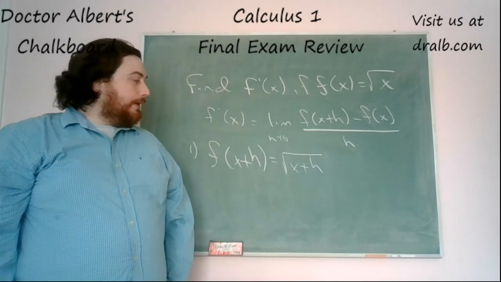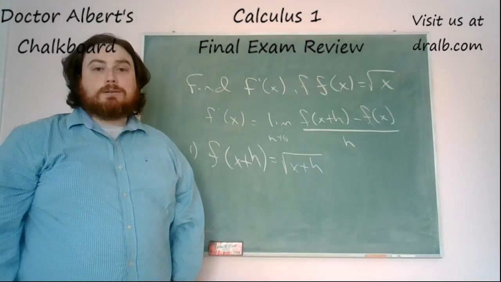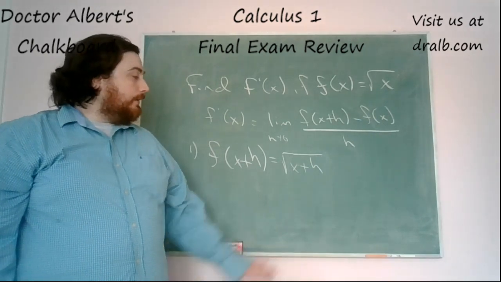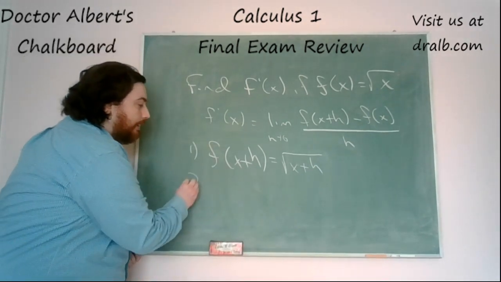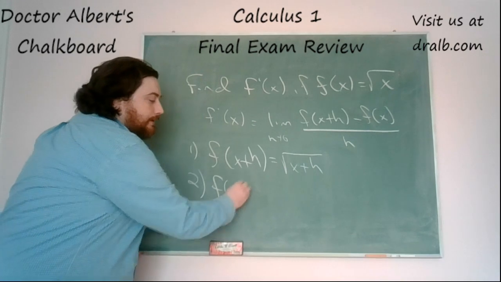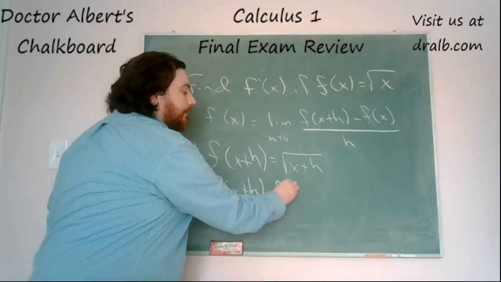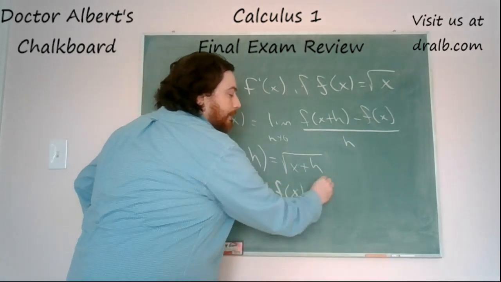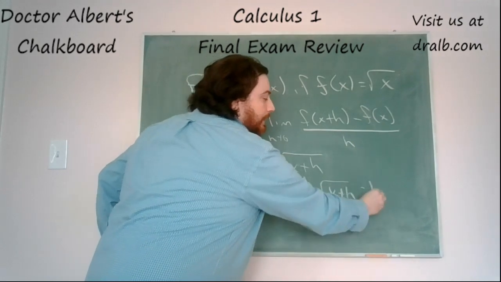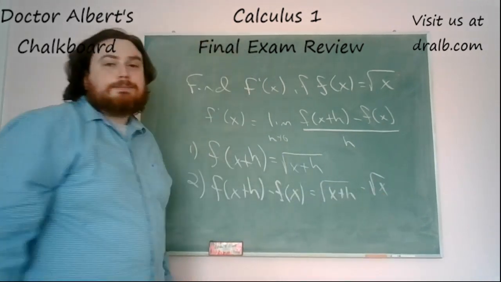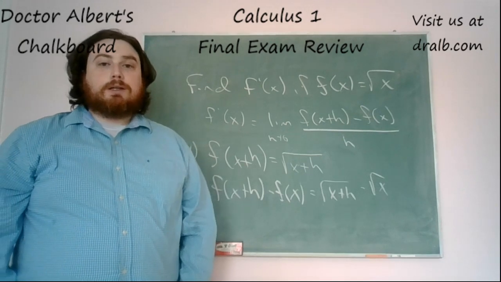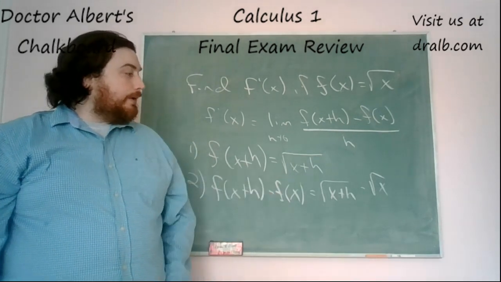Now, can I simplify that at all? Well, no, I can't. So the next step is to find f of x plus h minus f of x, which is the square root of x plus h minus the square root of x.